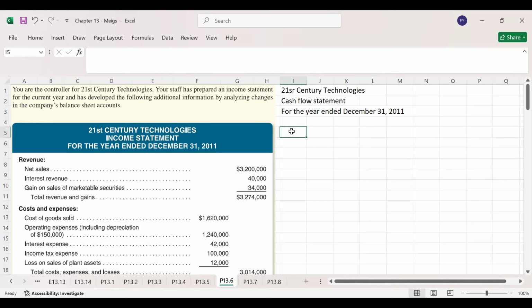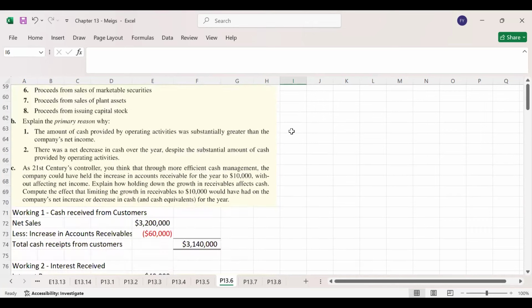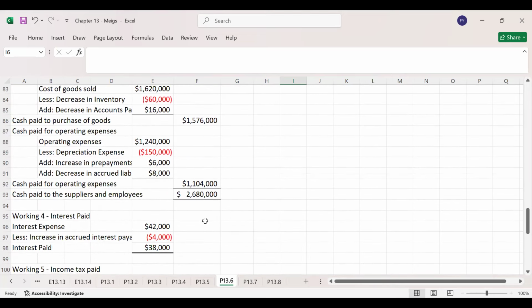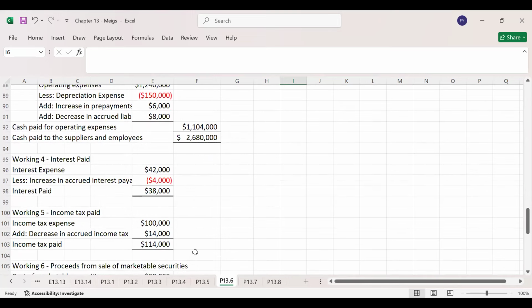Then we have, first of all, cash flows from operating activities, and with the help of the first five workings which we have already calculated. Here you can see cash received from customers, interest received. So these are two cash receipts, and then we paid cash to suppliers, interest and income tax.